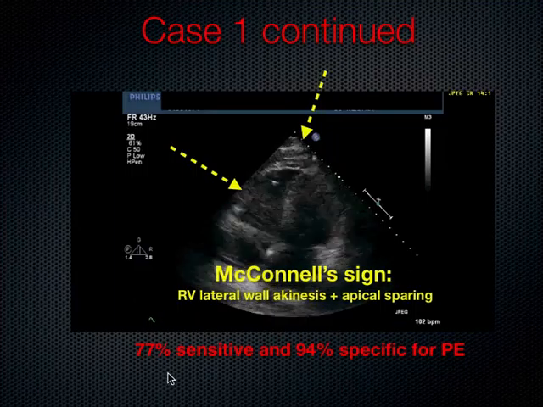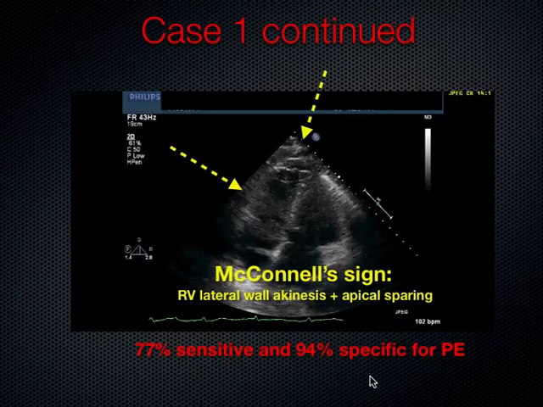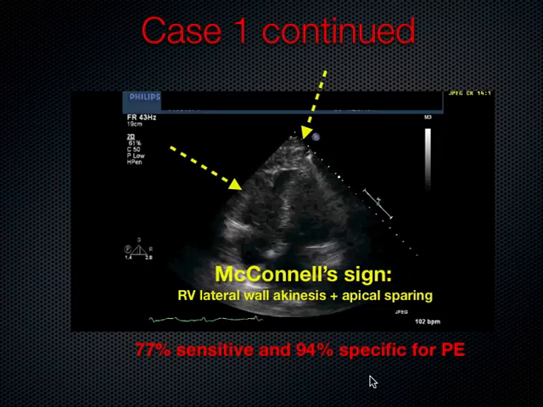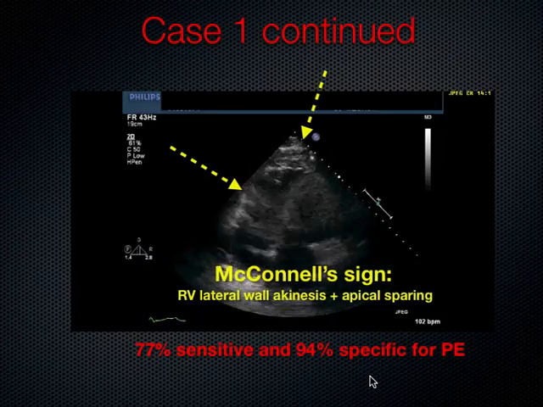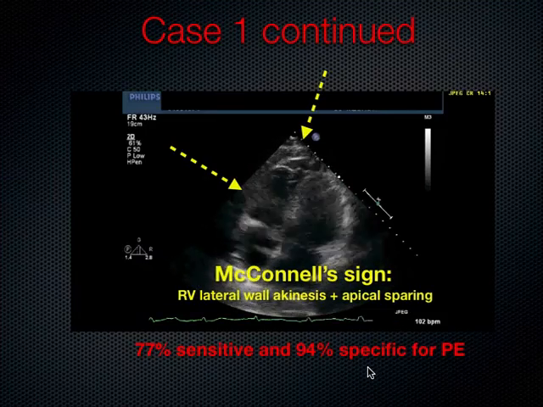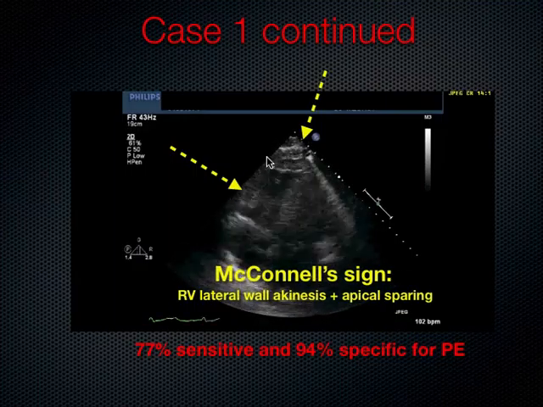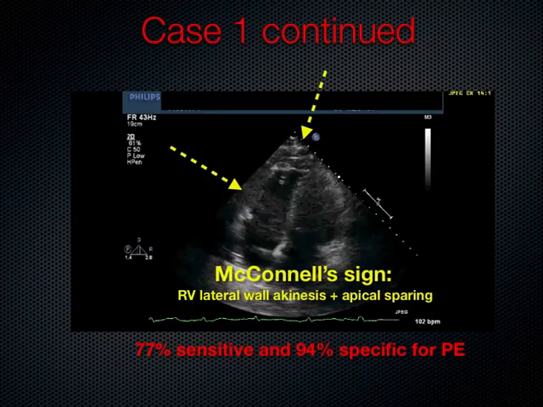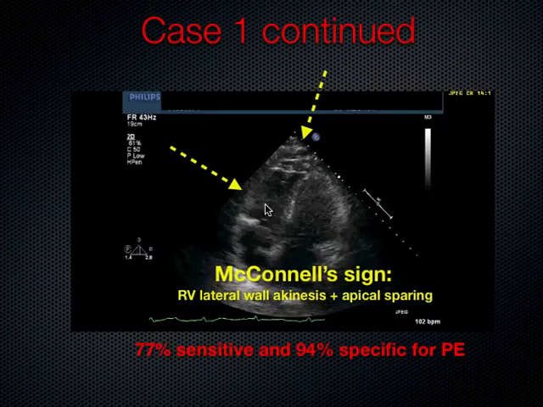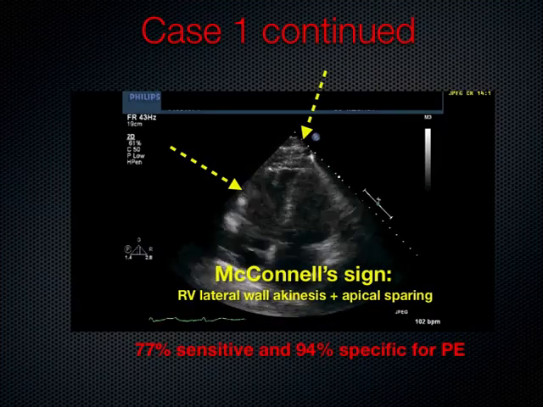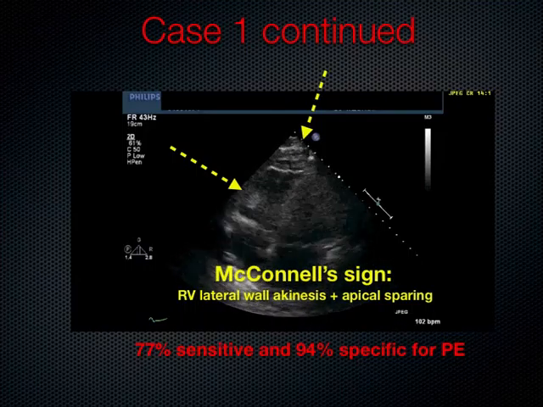One study suggested that it was 77% sensitive and 94% specific for pulmonary embolism. Now, that can be debated from time to time, but essentially it's something to think about. If you see this lateral wall akinesis with apical sparing, meaning the apex has a good squeeze to it, and the RV in this case is clearly bigger than the LV, really think about the diagnosis of pulmonary embolism.